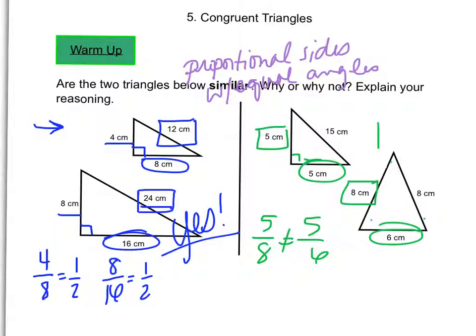So they're not similar because they don't have proportional sides, and their angles are not equal. This is a review helping for what congruent triangles are like.